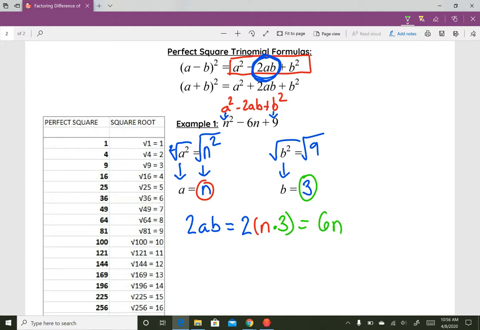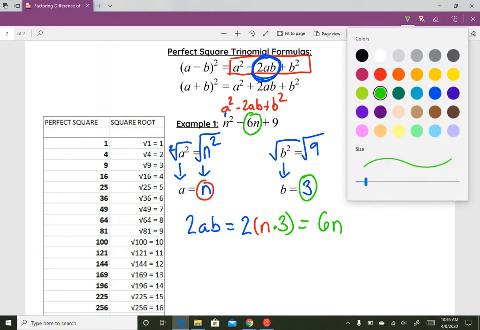What you have to figure out is, is this a perfect square trinomial? The way you figure it out is, if you take your a and b and multiply by 2, is it your middle term? Our middle term was 6n. Our a was n, and our b was 3, so 2 times a times b gave me 6n.